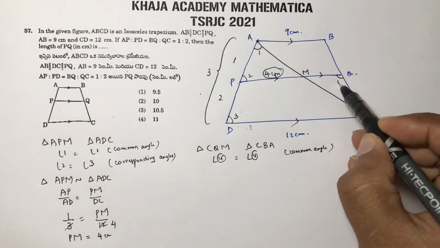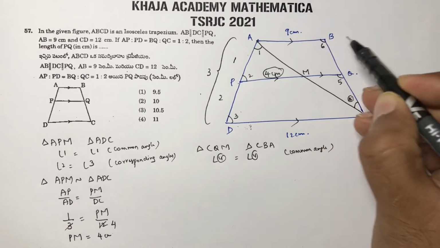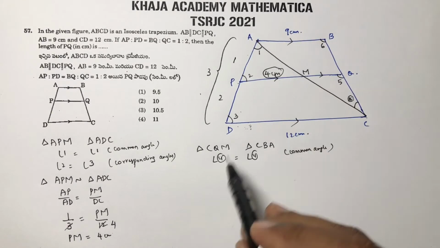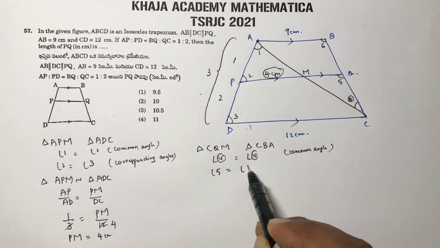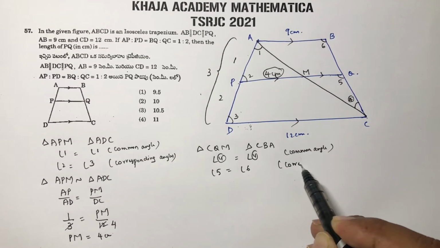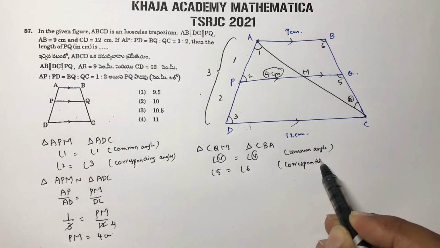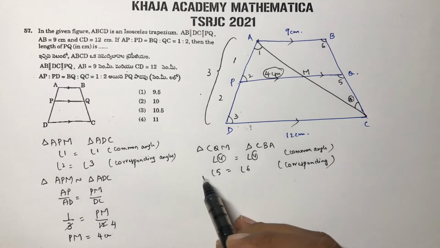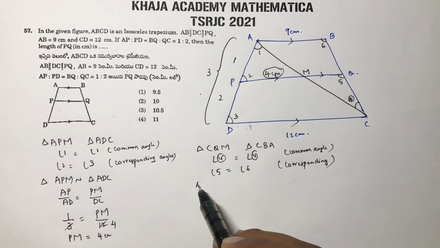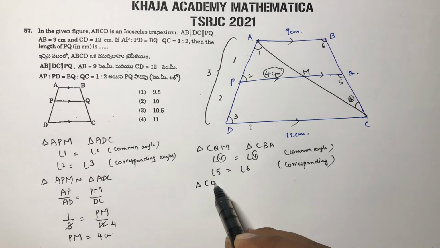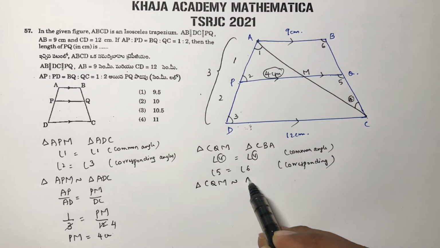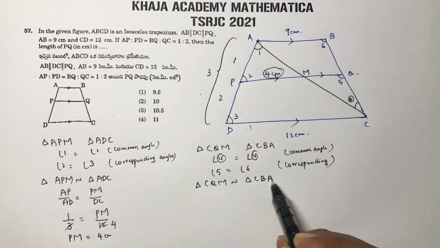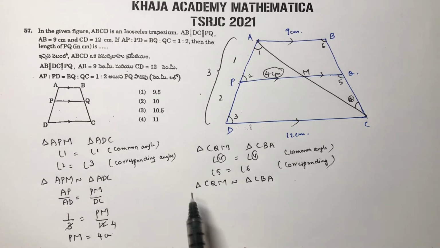Next, angle 5 equals angle 6, corresponding angles, because these two lines are parallel. So triangles are similar by angle corollary. CQM is similar to CBA, both the reasons same.